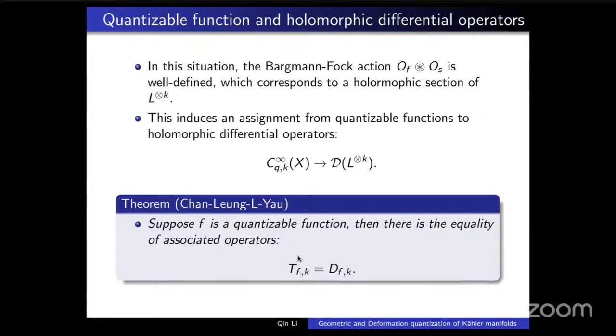You do not expect T_{f,k} here to be local at all. But it turns out that if f is quantizable, then this equality tells you that the Berezin-Toeplitz operator associated to f is actually local. That's something you do not expect from the definition.